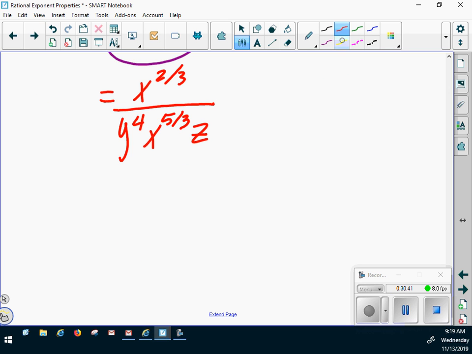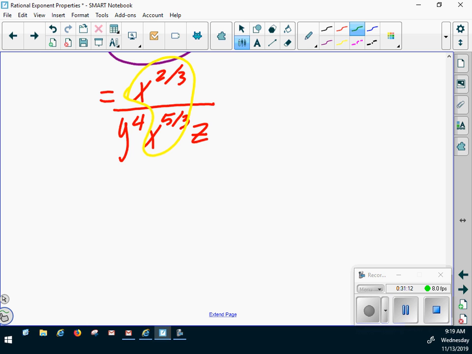Well, then you have like 2/3 and 5/3. Because I've got x's in the top and the bottom, right? Now hang on, hold your little horses there. When I divide like bases, what do I do to the exponents? Subtract them. But, all right, now listen. If I do 5/3 minus 2/3, that's 3/3, which is 1.